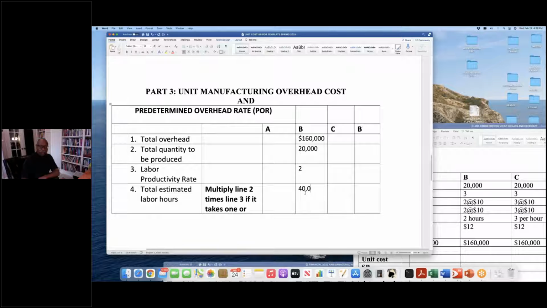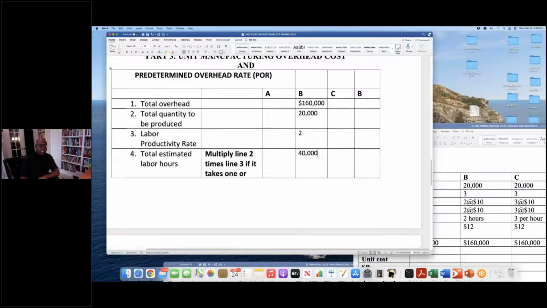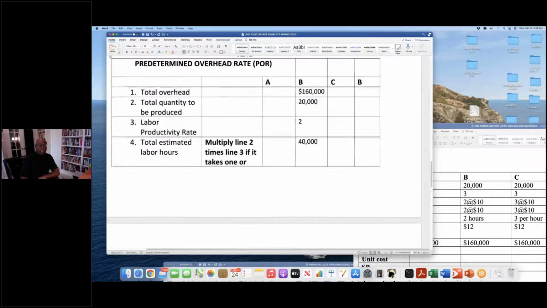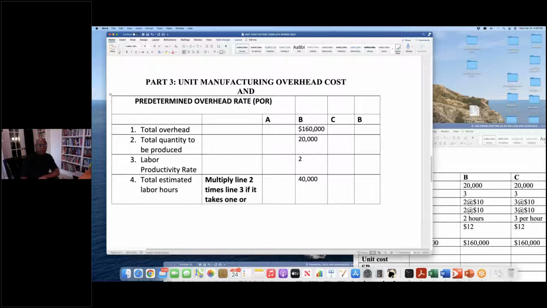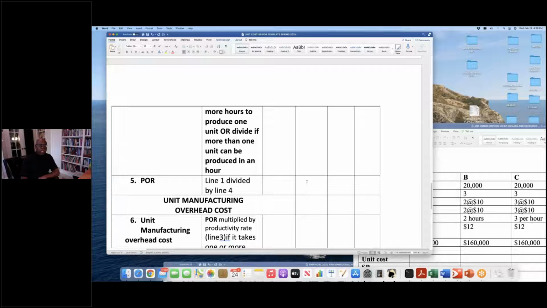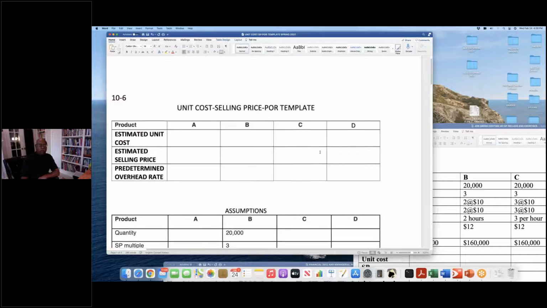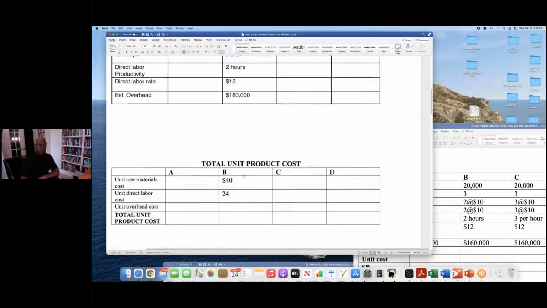What's our predetermined overhead rate? You divide 160,000 by the 40,000, and that gives us 4. So 4 is the answer that comes all the way up here.